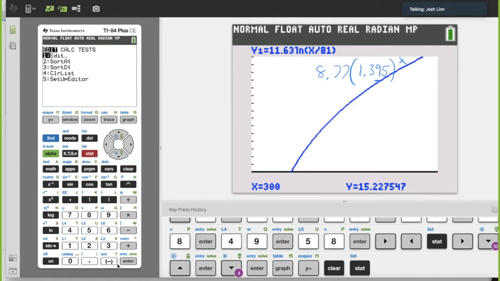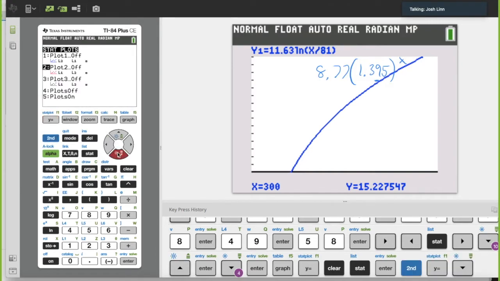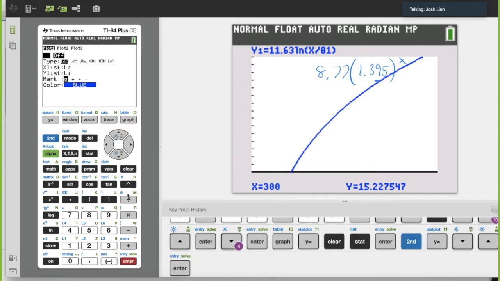So I need to turn on that list. Oops. So remember, that's under stat plot. That's my bad, I forgot. So that stat plot is off. We are going to turn it on. And let's change the color.